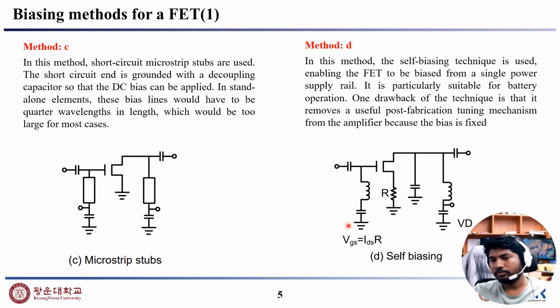And method 4 is called self biasing, enabling the FET to bias from a single power supply rail, and it is particularly suitable for battery operation, but it has a drawback: it removes the useful post fabrication tuning mechanism from the amplifier because the bias is fixed.